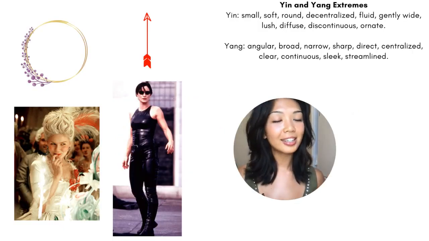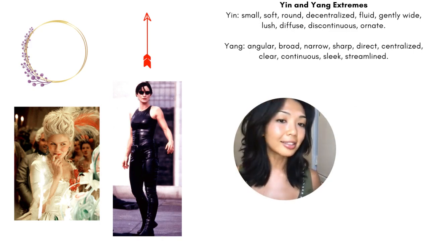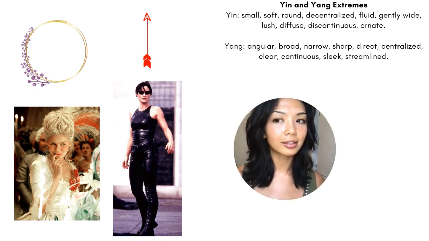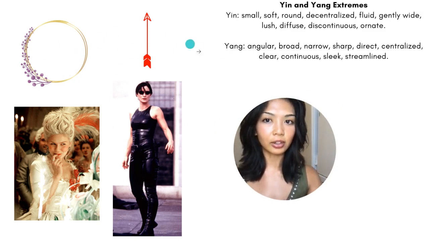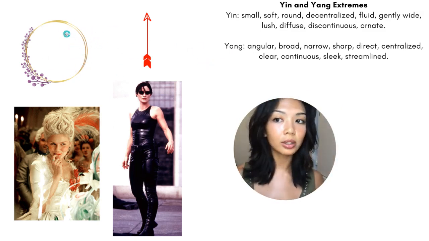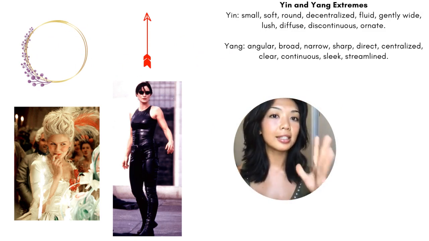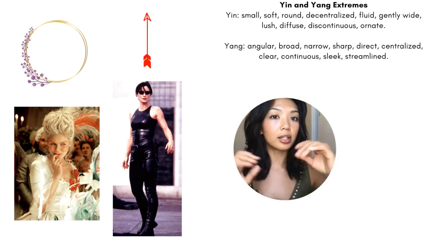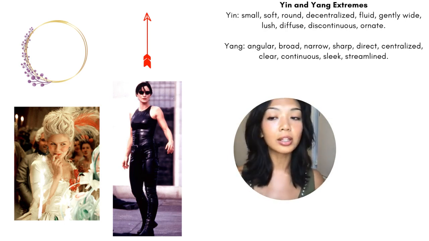All right, now yin and yang are more like philosophical concepts. So how are we going to distill that down into clothing? So let's talk about these little icons here that I chose for yin and yang. So yin, I chose this circular wreath with these ornate little decentralized floral details because yin is small, it's round, it's fluid, it's gently wide, it's lush, it's diffuse, it's discontinuous, it's ornate.